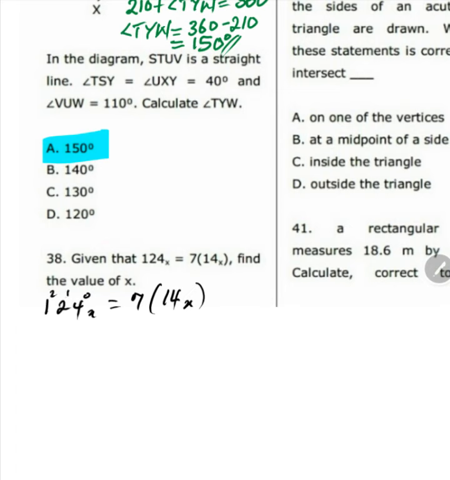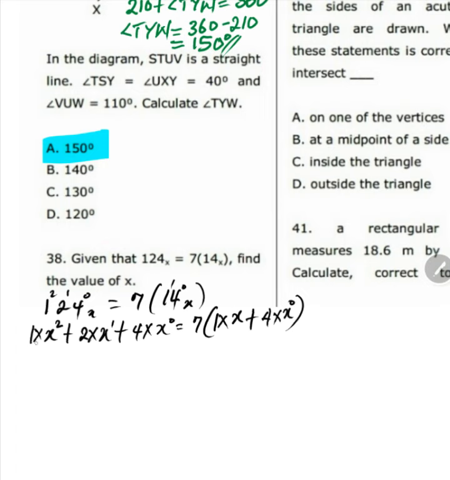All right, let's expand this. 1, 2, 4. So we're going to have 1 times x raised to the power of 2 plus 2 times x raised to the power of 1 plus 4 times x raised to the power of 0, equal to 7 times x plus 4 times x raised to the power of 0.